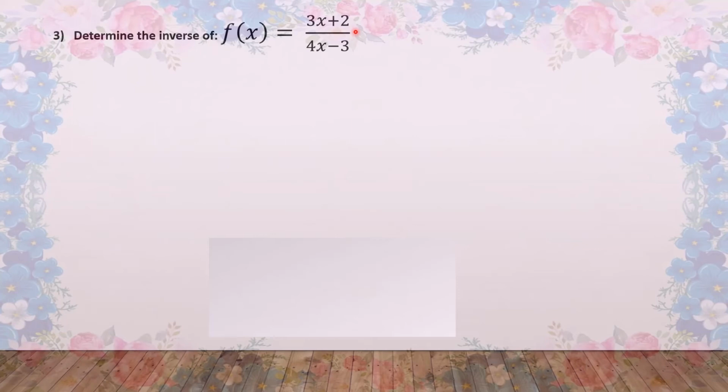For now we shall just work with the function as given to us. When we reach the Form 6 level, we will be discussing the whole idea of a reciprocal function in much more detail. But right now our goal is just to determine the inverse of this. So what's the solution?